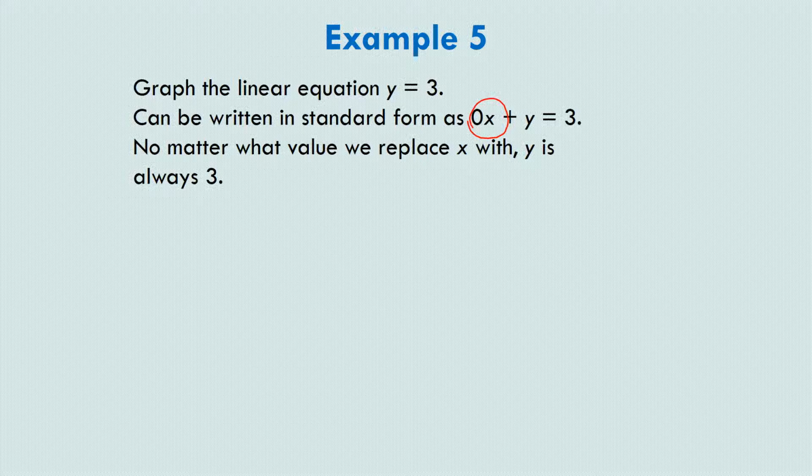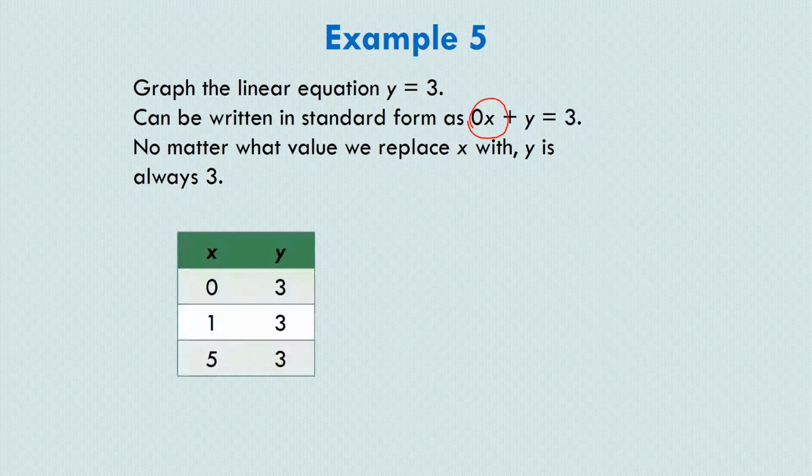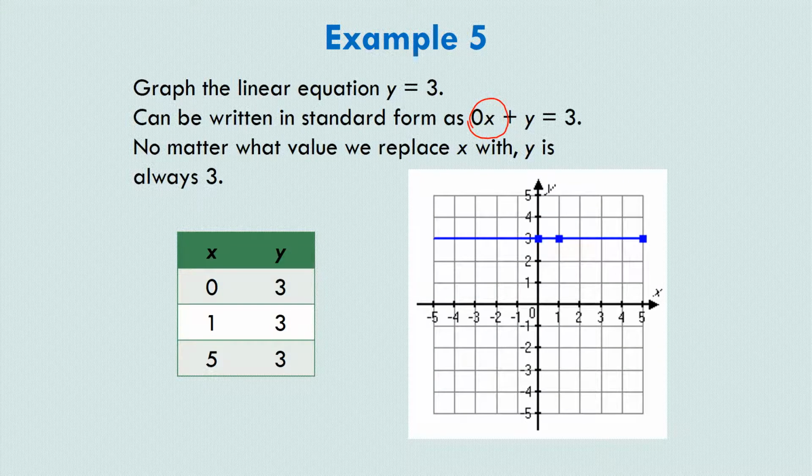So what this tells us is no matter what value we replace with x, y is going to always be 3. So for example, if x is 0, y is 3. If x is 1, y is 3. If x is 5, y is 3. If x is 510, y is 3. So no matter what, it's going to be 3 as your y value.